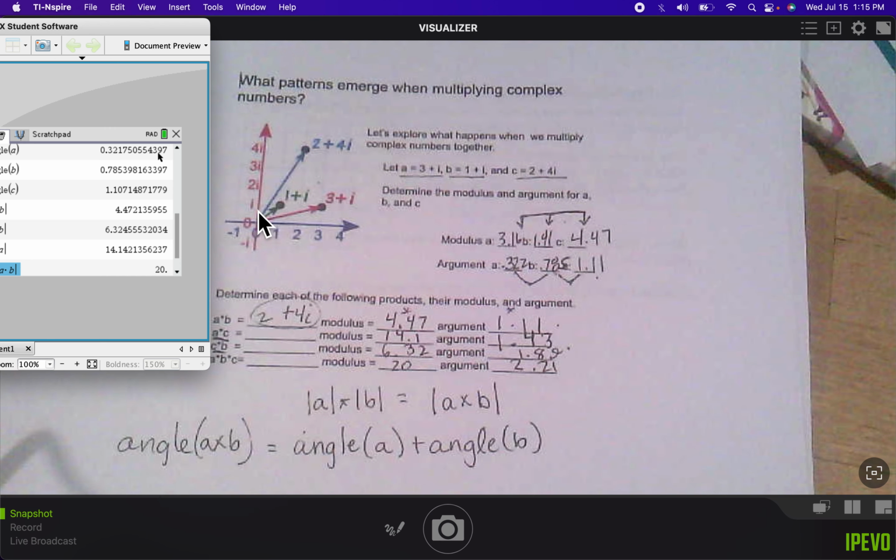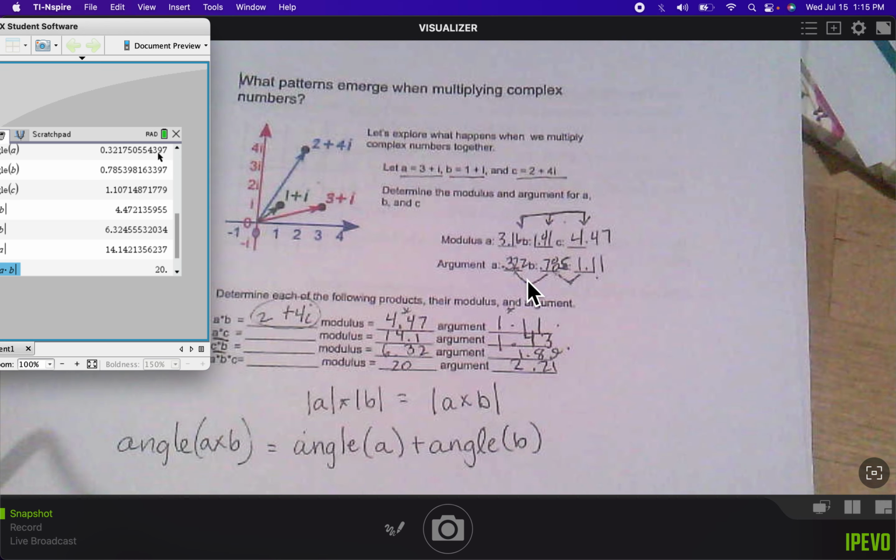Okay. The more interesting thing here, which is maybe less obvious, is that when you have these angles, the argument of A and the argument of B, for instance, 0.322 and 0.785, when you multiply A and B, you can just add these two numbers together. So these two numbers added together is going to be this.